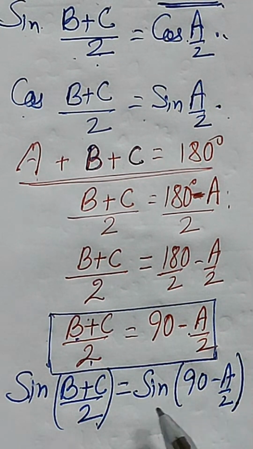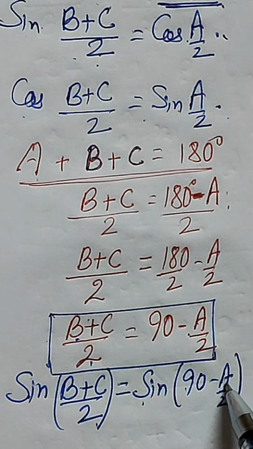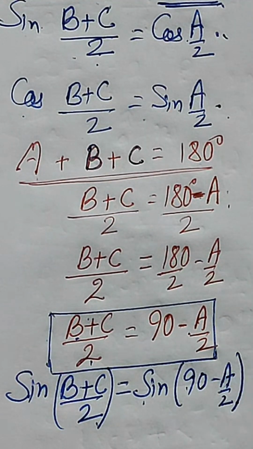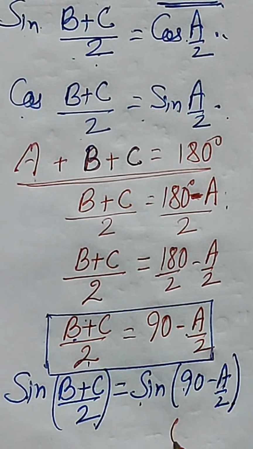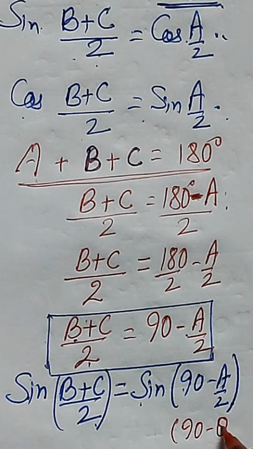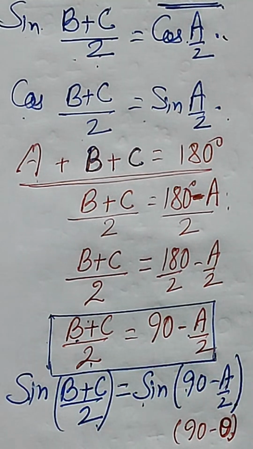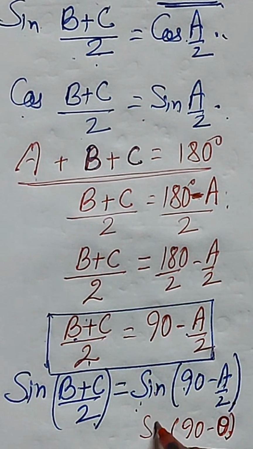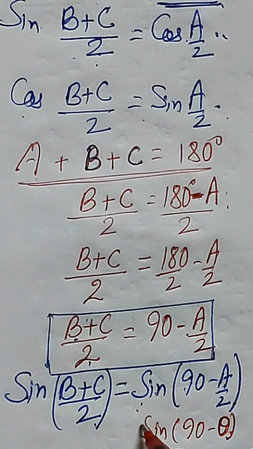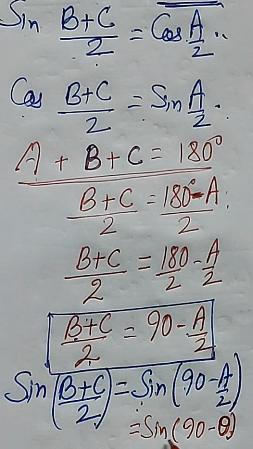But sine of (90 minus A by 2), that means if this angle A by 2 is theta, this is in the form of 90 minus theta, right? And sine of 90 minus theta is what? It's cos theta, isn't it?